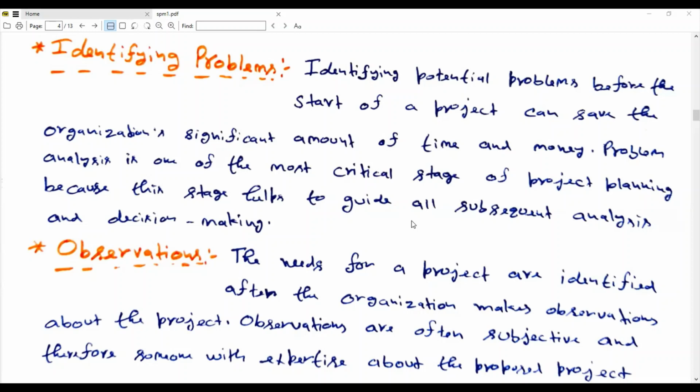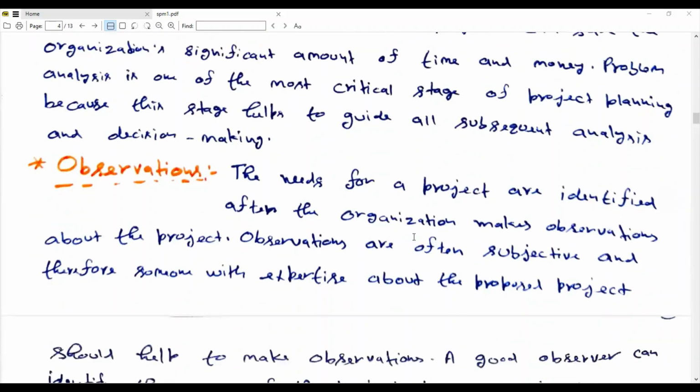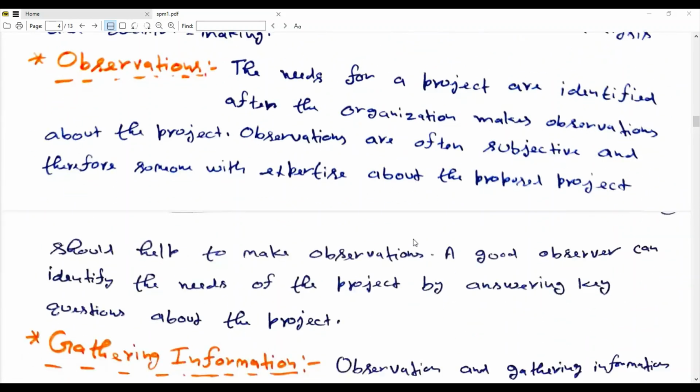The second one is observations. In this process, we observe the project, and we also use the previous and past knowledge of the team, the company, or the managers who have experience completing a particular project or solving a problem.